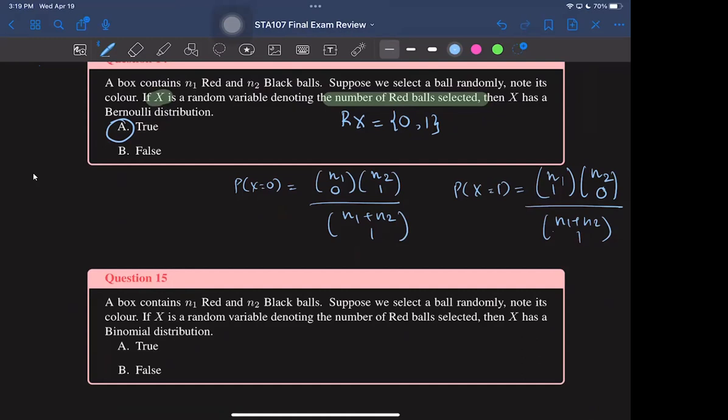So think about whether we can treat this as binomial distribution.